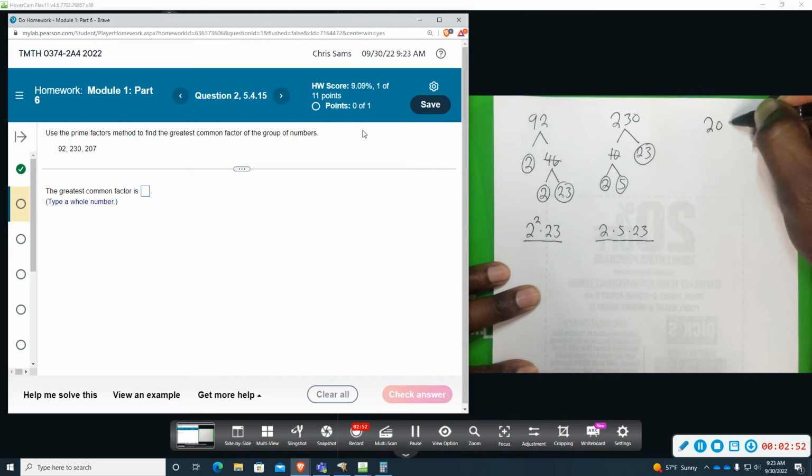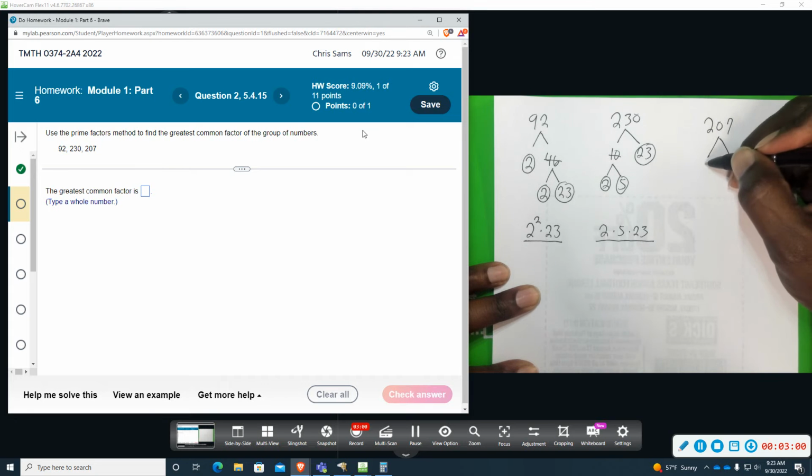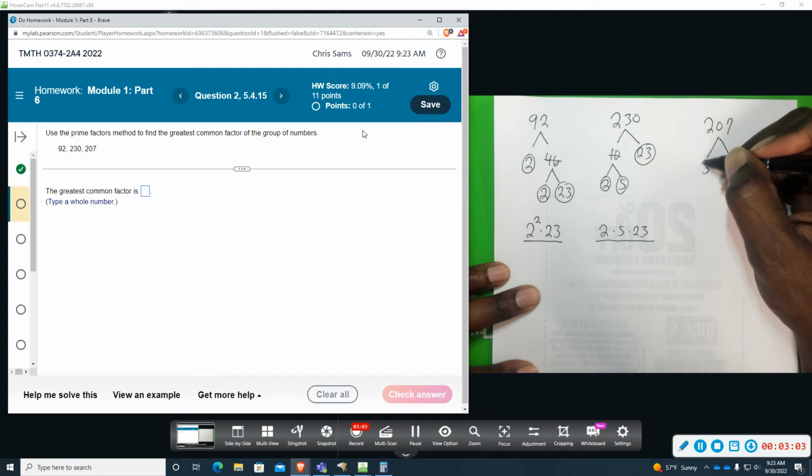And then 207. All right, if I add up 2 and 7, it gives me 9, with 0 is 9. So I know that this is divisible by 3 by using the divisibility rule. 3 is prime.